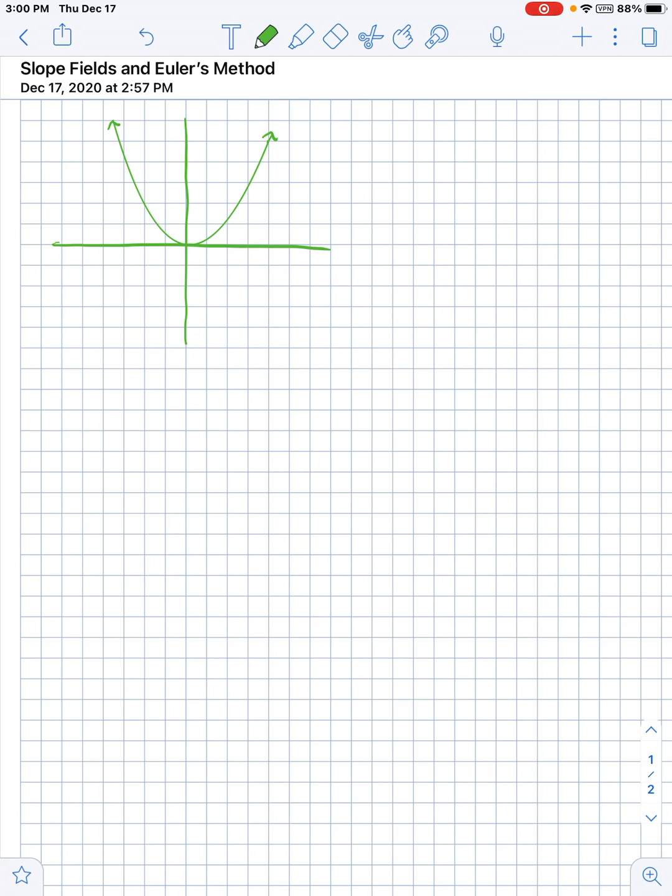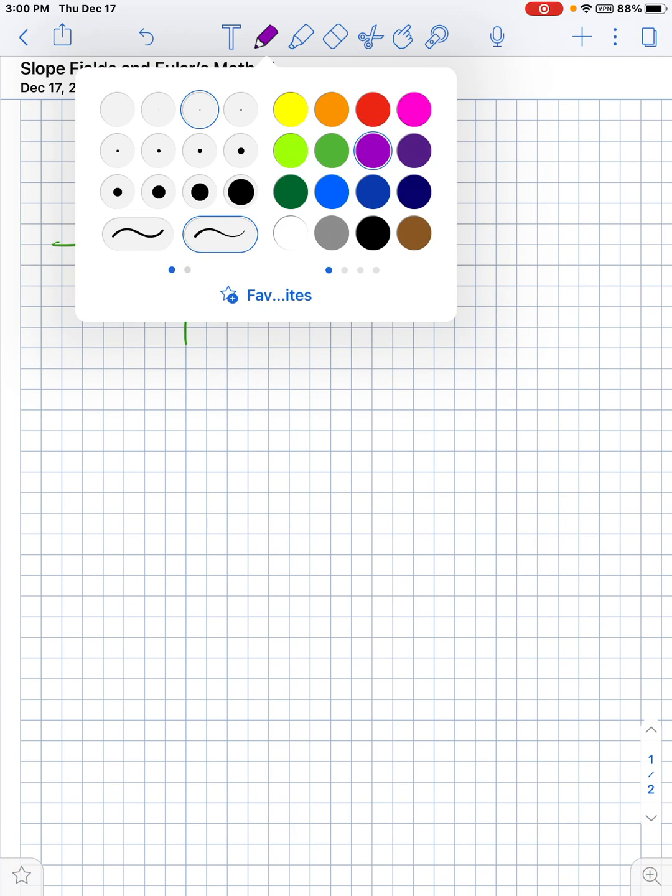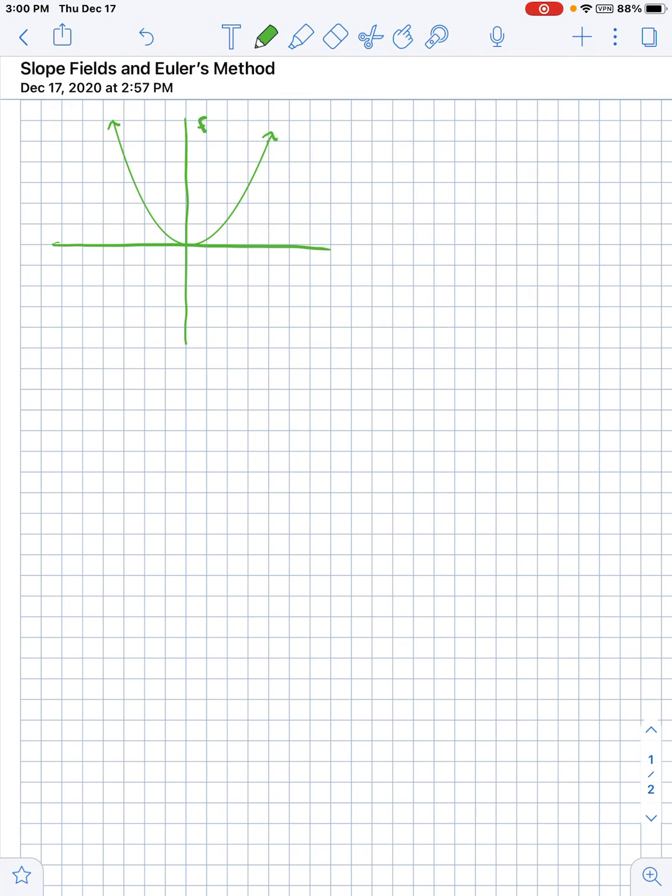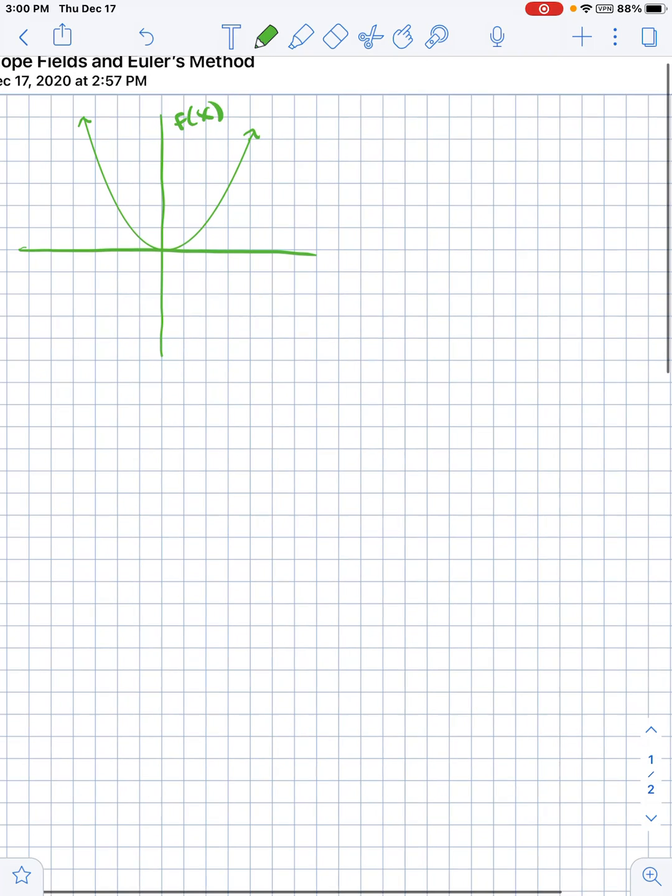Back in the day, when you were first learning about derivatives, I would give you a function like this. And if I call this one f of x, then I would ask you to draw the derivative of this function. The way we would draw the derivative is by looking at all of these tangent lines, and from those tangent lines, we could figure out what the derivative graph would look like.